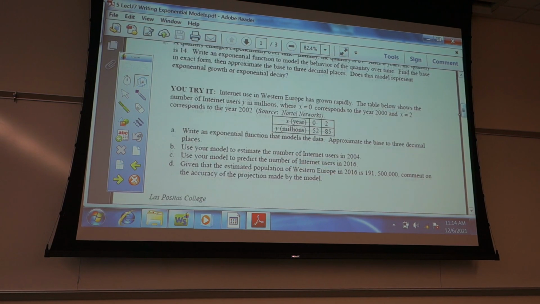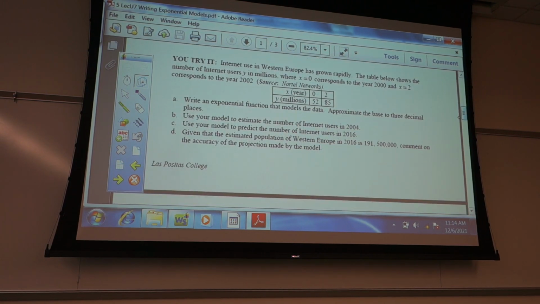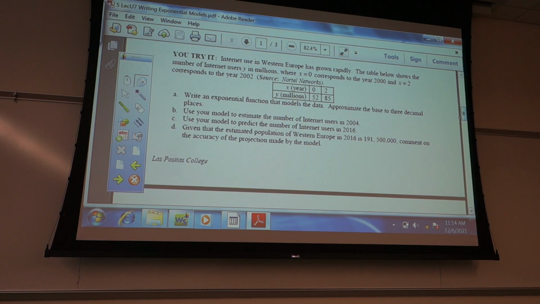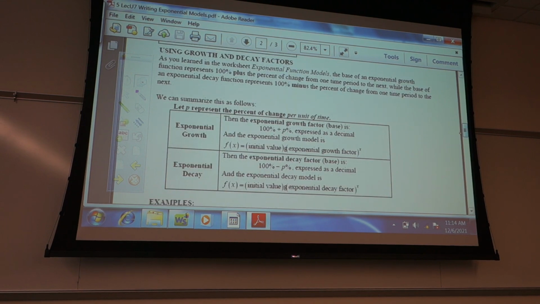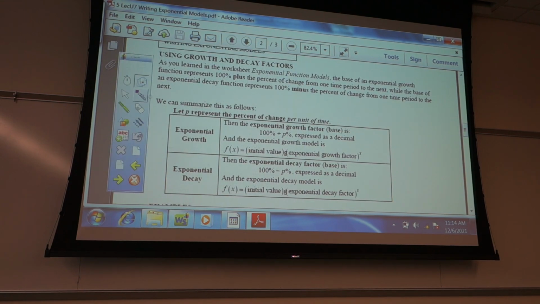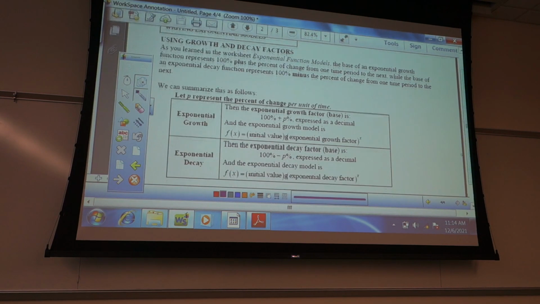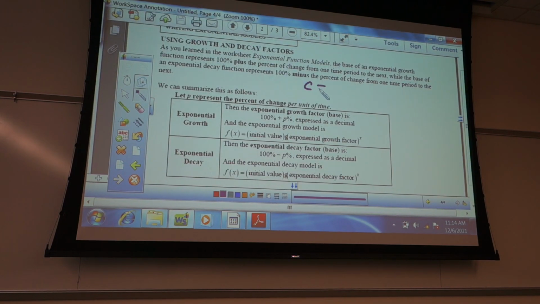We finished this one, didn't we? Okay, so let's move on. We talked about growth and decay factors. So if I have, say, my C is 5 and my A is 1, there's no growth, no change.